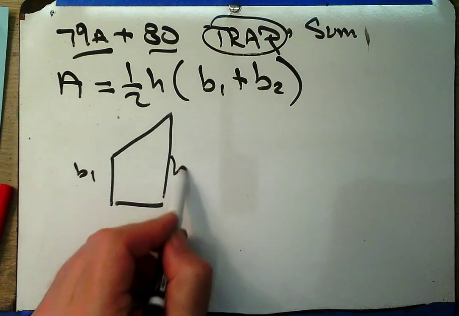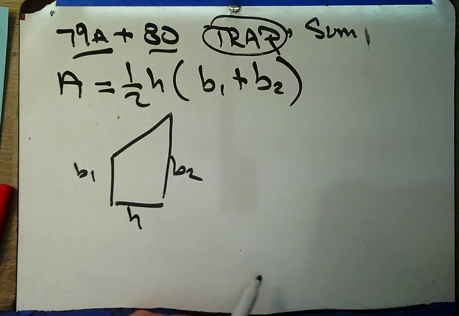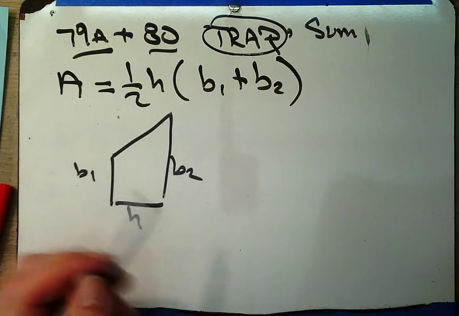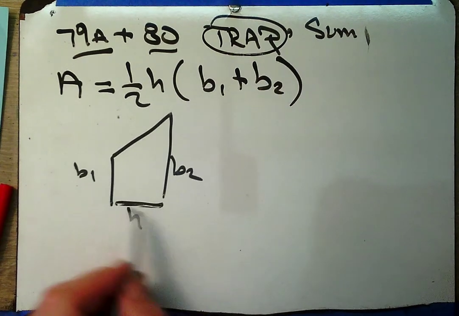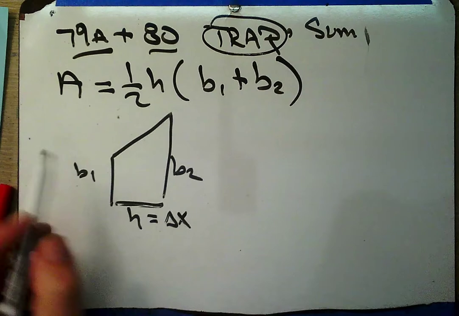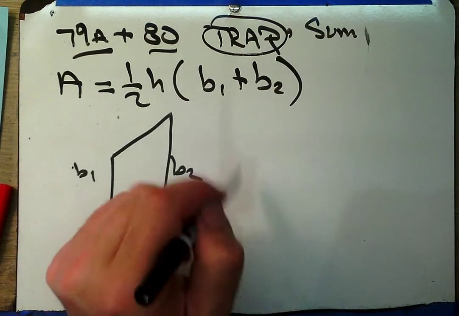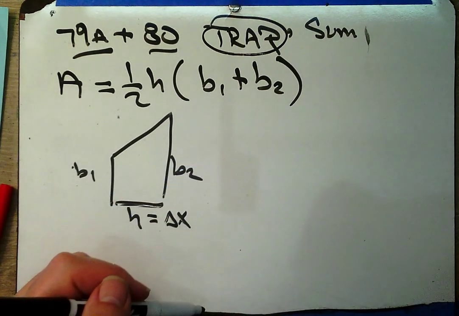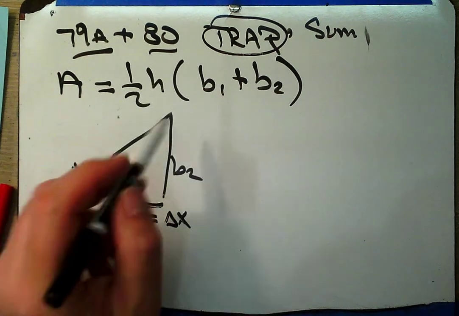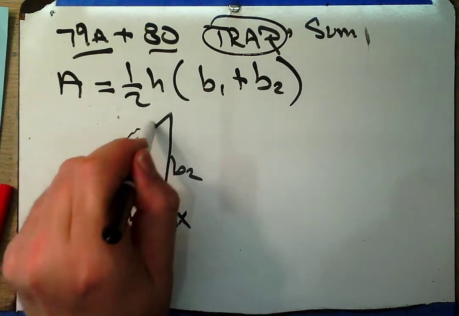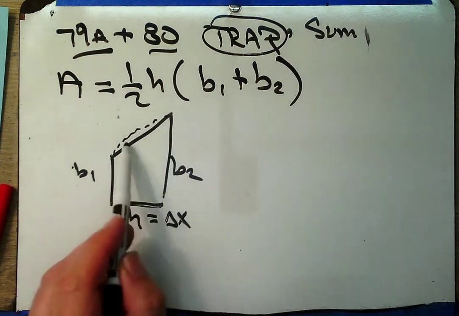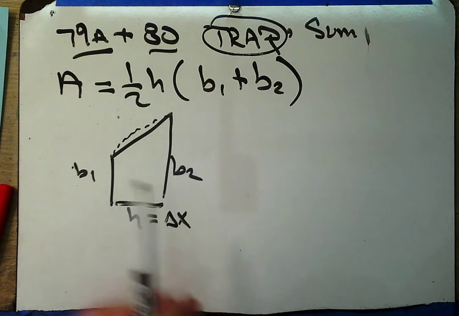Here's my B1, here's my B2, here's my height. I know, you want this to be height. I'm sorry, the height is here. The height is going to be our subinterval width. The bases are always going to be the y values of the function. Okay, and so I'm going to use that area formula, because what I'm getting then is this area, and oh, I'm just missing a little tiny bit.